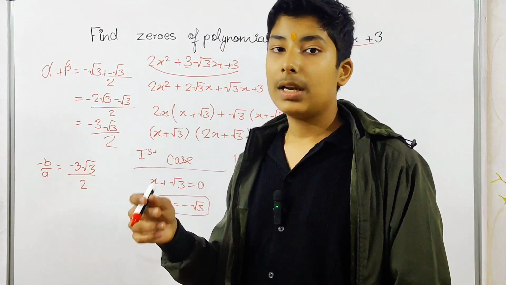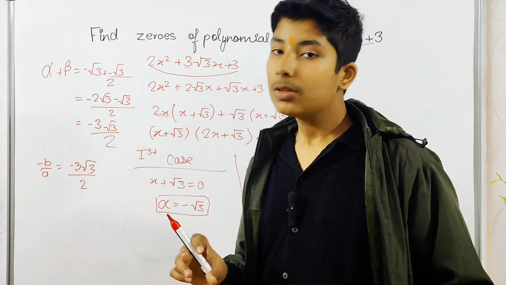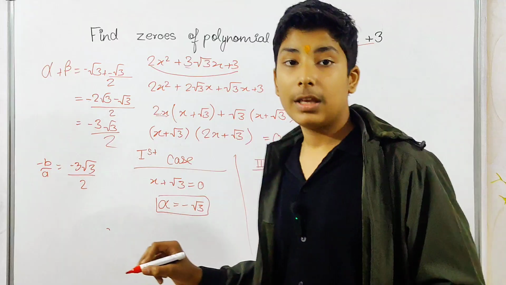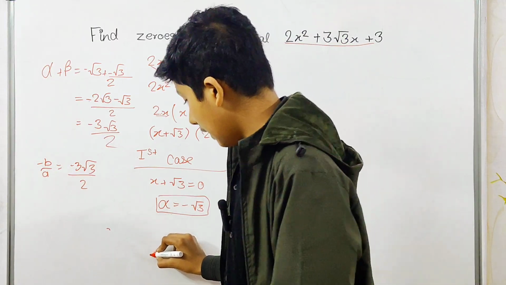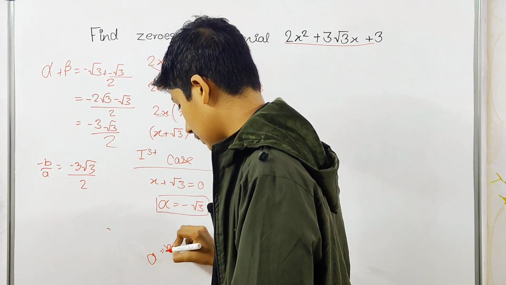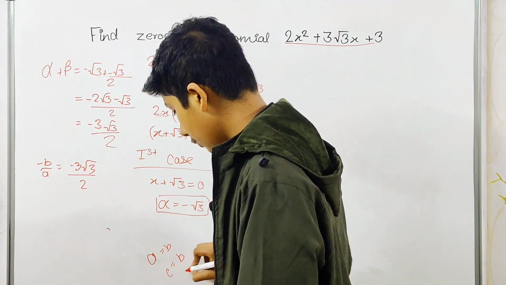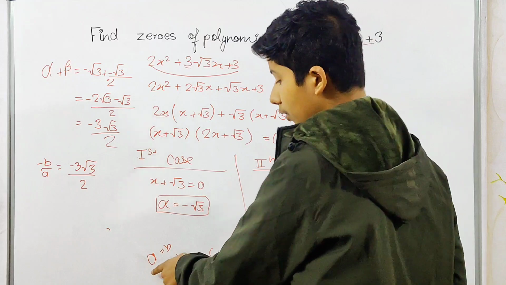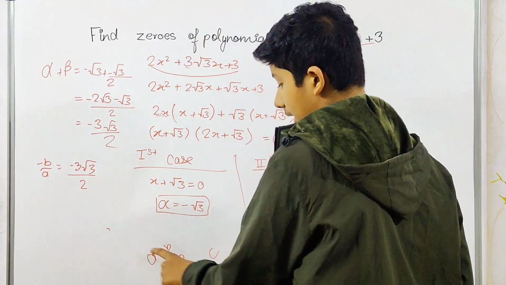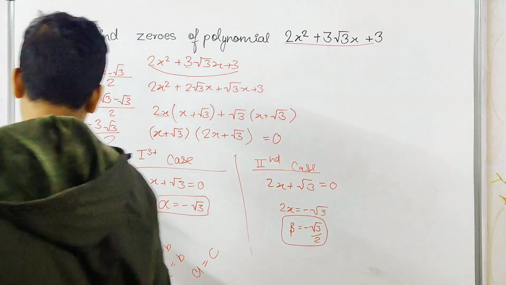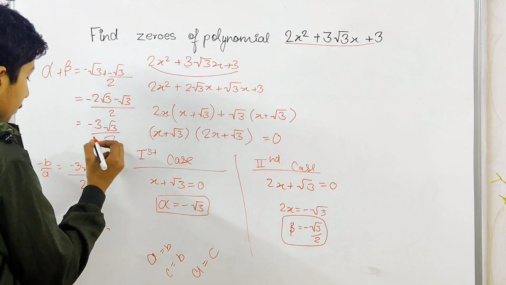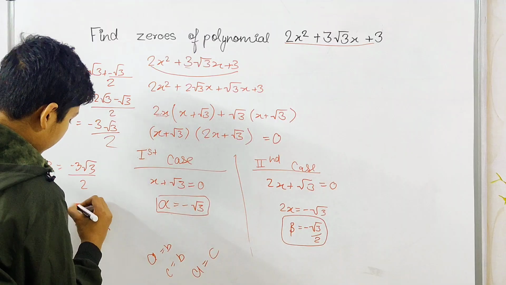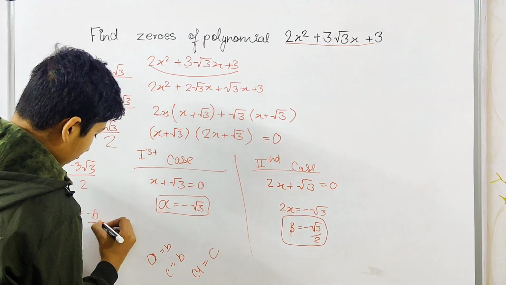Things which are equal to another thing are equal to one another. For example, we have done this in Euclid also. Euclid's axiom: a equals b, c equals b, so a equals c. Things which are equal to the same thing are equal to one another. So if this is equal to this, and this is also equal to this, these both are equal, meaning alpha plus beta equals minus b upon a.